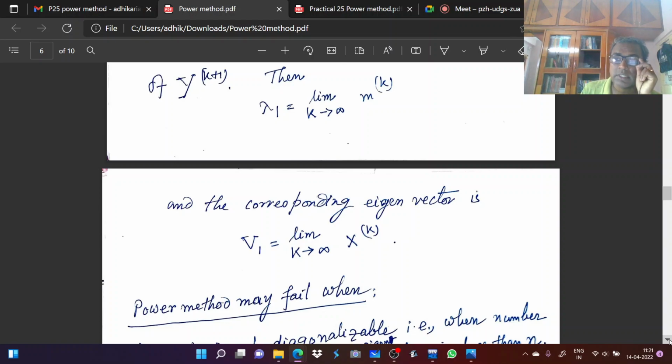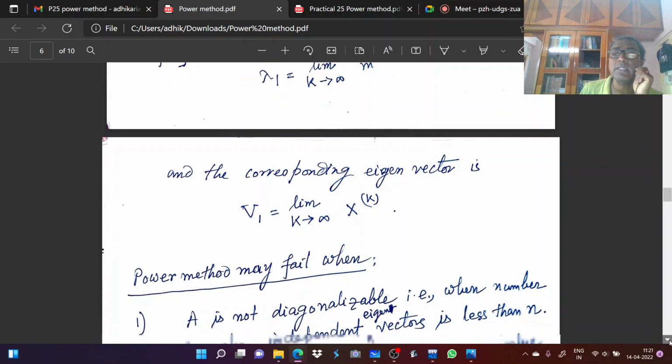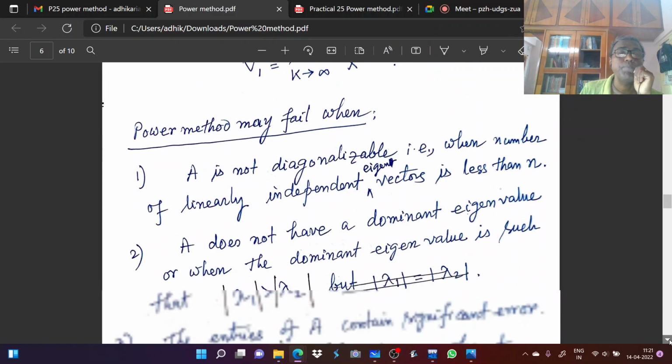We now discuss the practical example, but before that we discuss when the power method fails. If the square matrix A is not diagonalizable, that is, when the number of linearly independent eigenvectors is less than n. This is a very important condition: if the order of the matrix A is n, then there must exist exactly n linearly independent eigenvectors.